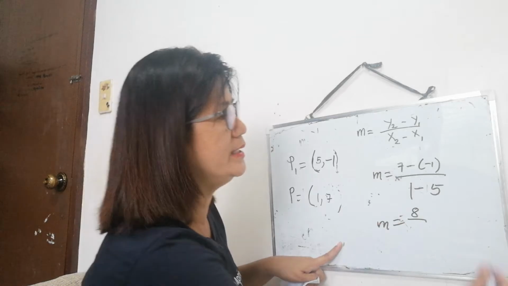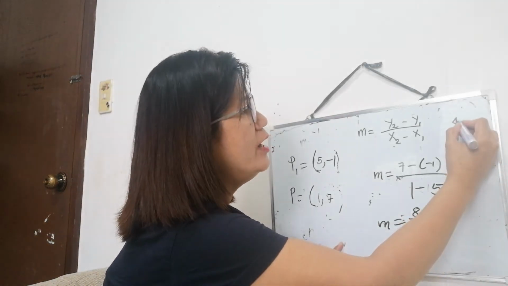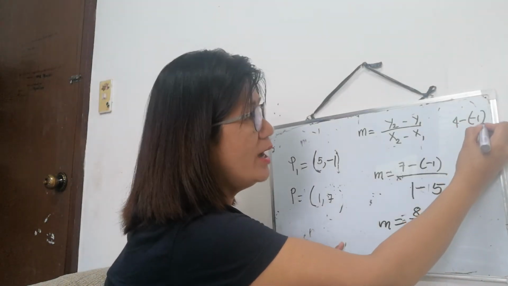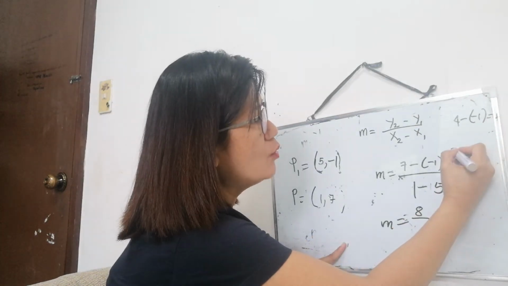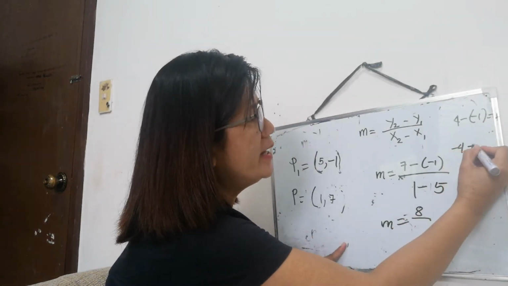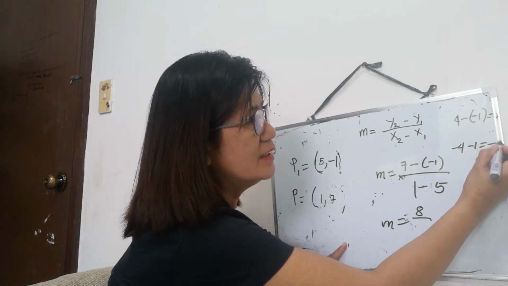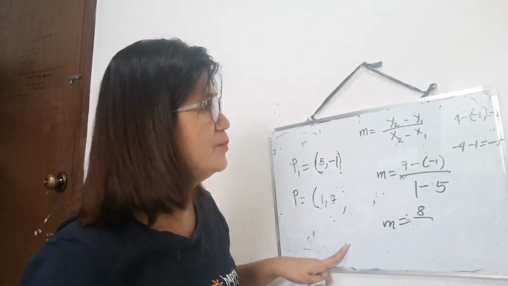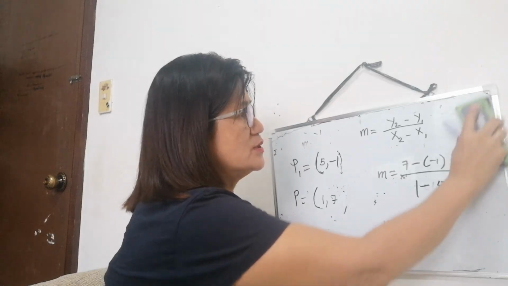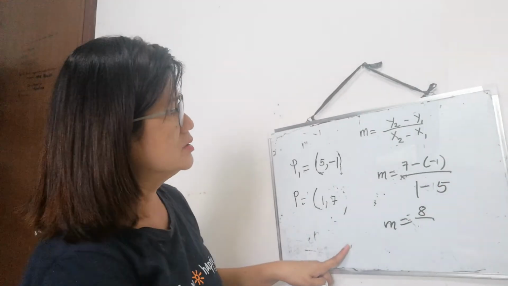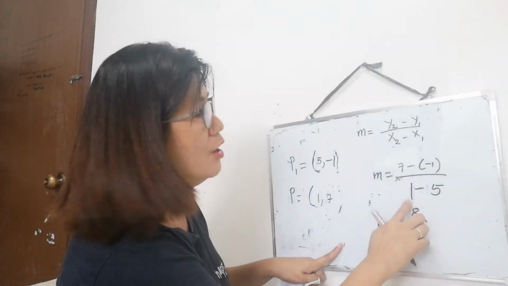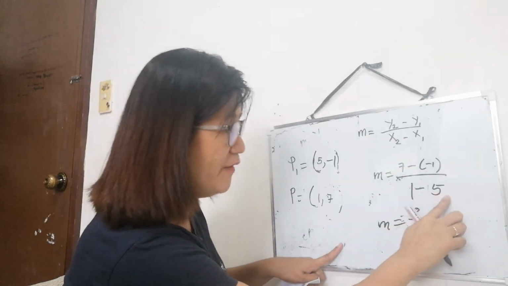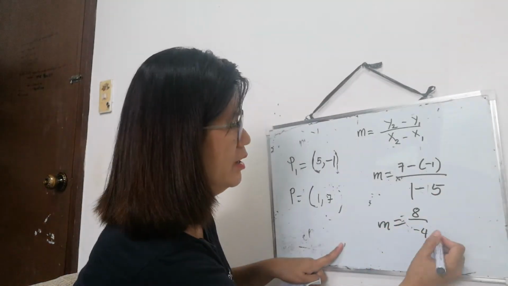Di ba sinabi ko kanina, halimbawa, 4 minus negative 1, the result is positive 5. Pero kung negative 4 minus 1, the result is negative 5. Yan, no? So, para hindi kayo ma-confuse. Again, so 7 minus negative 1 is positive 8. 1 minus 5 is negative 4.